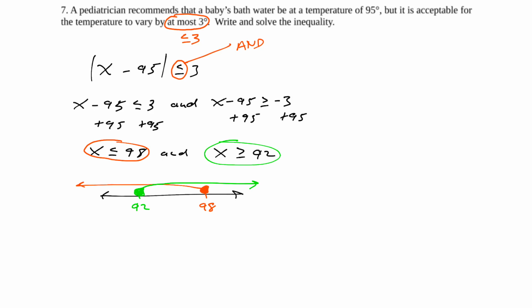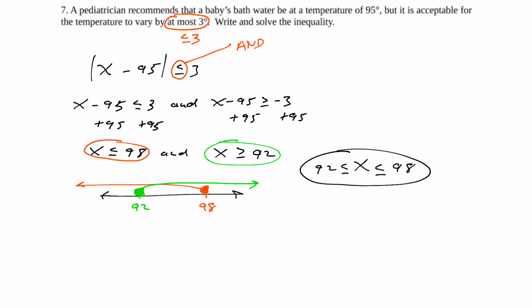We will say we want all the temperatures x to be between 92 and 98 degrees. We have solid dots at 92 and at 98, so we'll put the equal to bars in there, and then that is our solution.